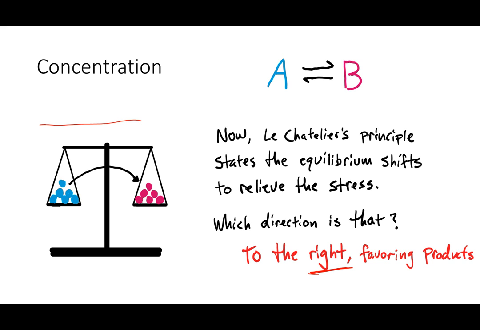I always like to use this analogy with the scale because it makes more sense to me. If you add more concentration, literally adding more mass, then it will shift to the other side to relieve the stress.